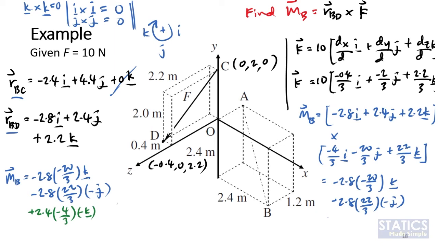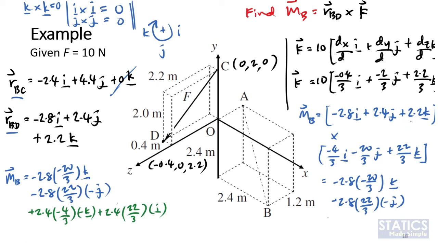Next we have j with k. So you have 0.4 again times 22 over 3. Now jk, jk, positive i. Okay. If you are used to this, you don't need to refer to the diagram anymore. In case you keep forgetting, just draw a diagram and refer to it.